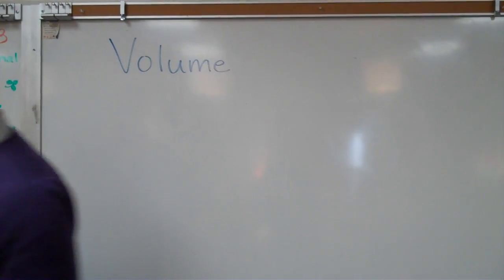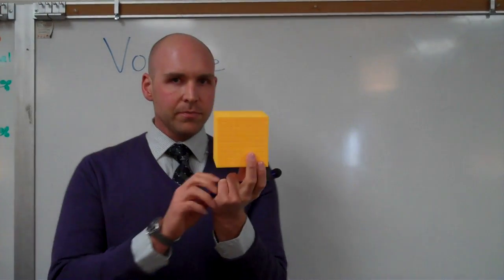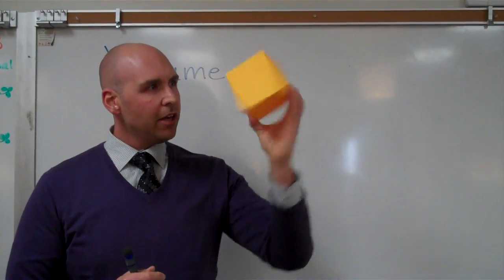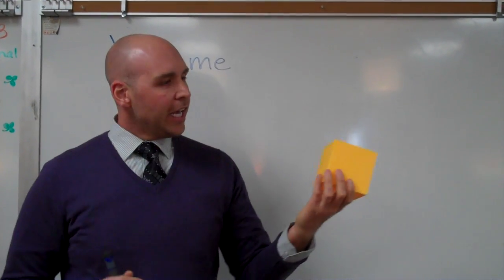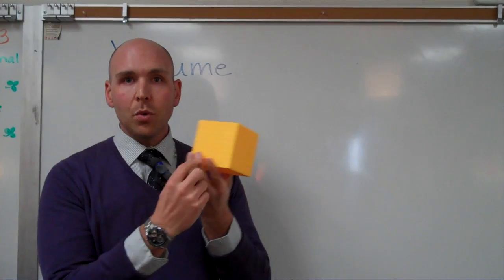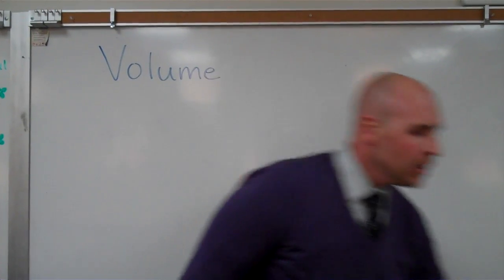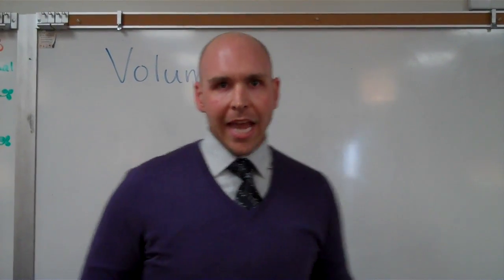Volume is not just length and width, it's also height. This is volume. It takes up space. There's some air inside there, I guess. So it actually is an object. It has length, width, and height. And that's the formula. It's actually pretty easy, but let's first review how to find regular surface area.